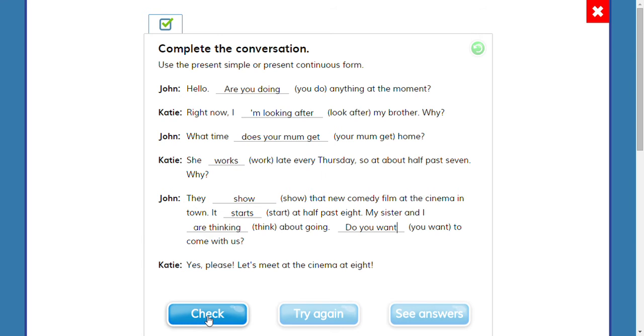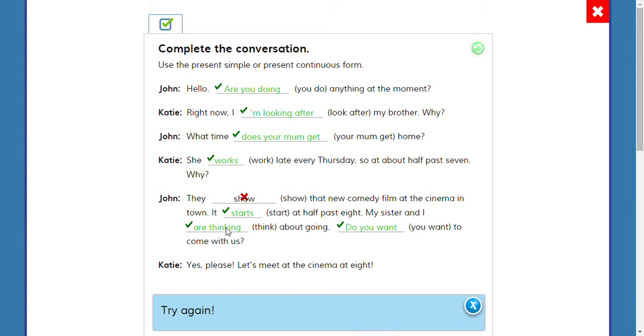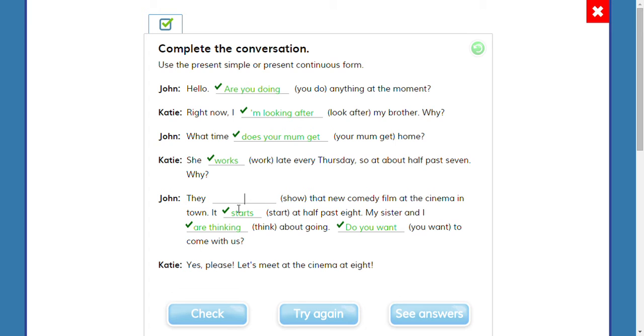So let's check it. 1, 2, 3. What happened here? Now remember, it's not always present simple or present continuous. You need to check. For example, in this case, is they, the new comedy film at the cinema. They show or are showing. Okay, in this case, it's not show. So it's are showing.